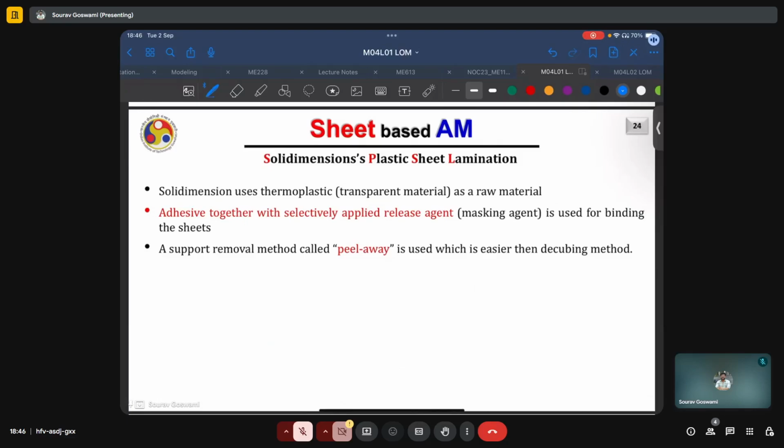It uses a thermoplastic, which is a transparent material as the raw material, and thus the process is suitable for making transparent parts. The adhesive, together with the selectively applied release agent or the masking agent, is used for binding the sheets. And a support removal method called peel away is used, which is easier than the decubing method.